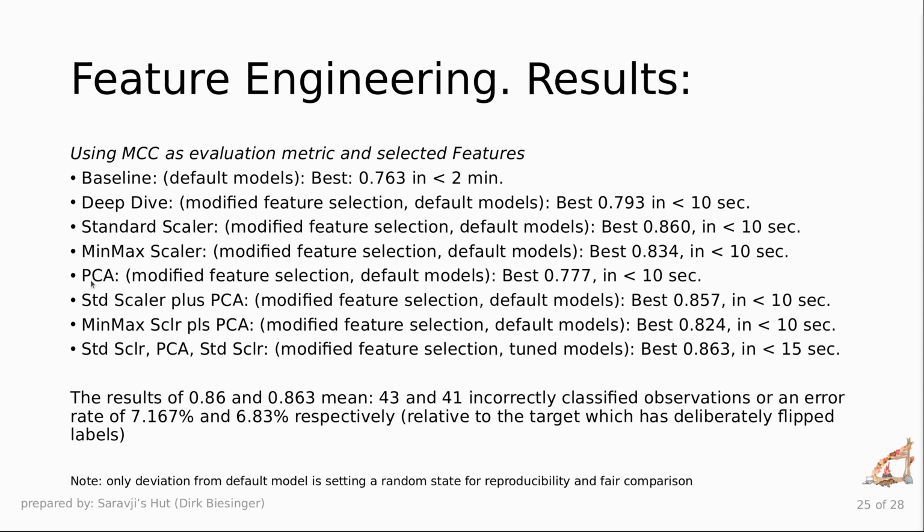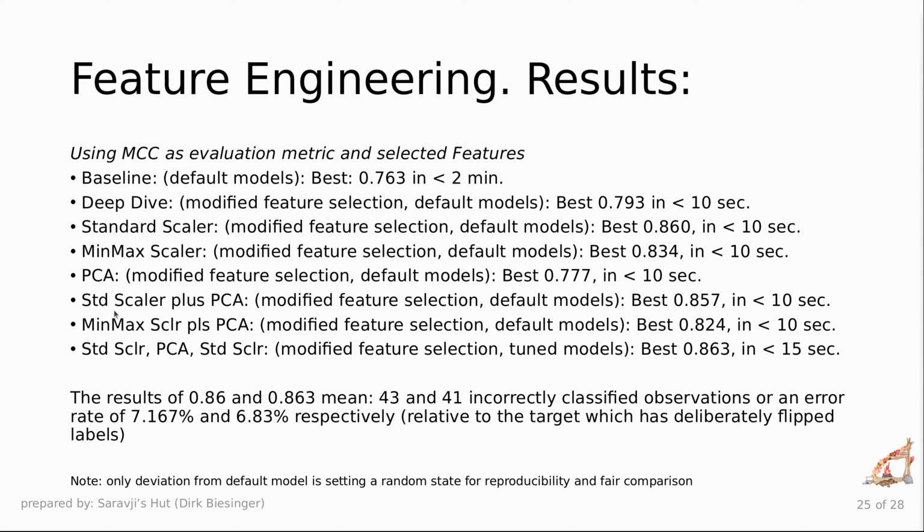Next experiment, we were using PCA instead of a scaler on the modified feature selection, again with the default models, and with this approach our MCC actually dropped to 0.777, so it was less than what we had after the deep dive. Runtime is a little bit less than 10 seconds.